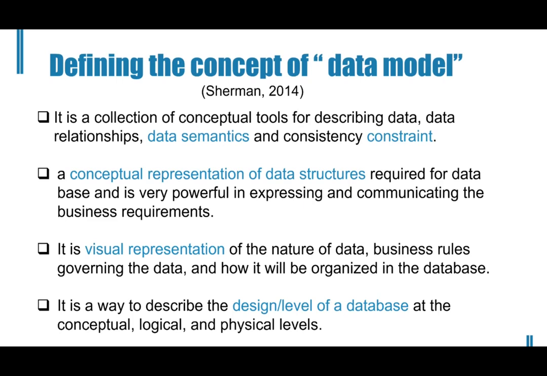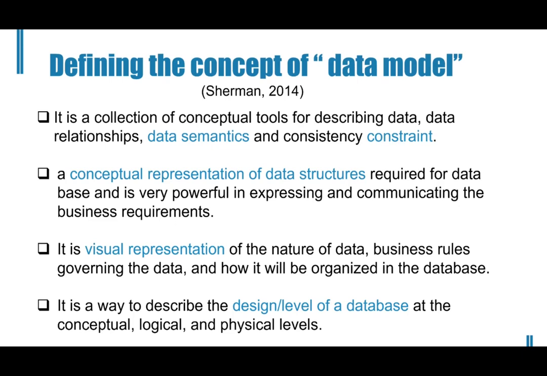So if we try to define this concept, a data model is a conceptual set of tools to describe data and the relationships between these data. So, for example, there is a list of materials that are required for building number 1 and number 2. Who is in charge? There is an engineer. So you have a list of engineers, and there is a sort of entity and attribute.